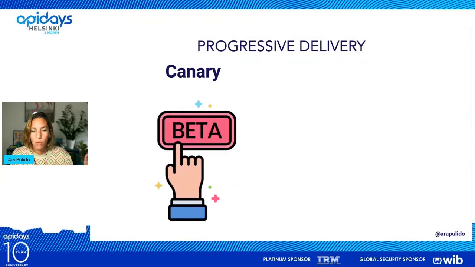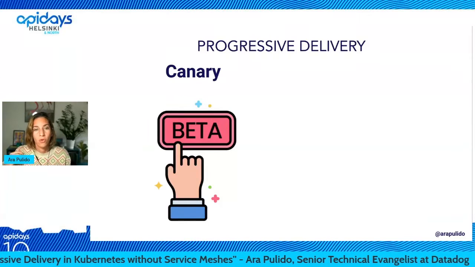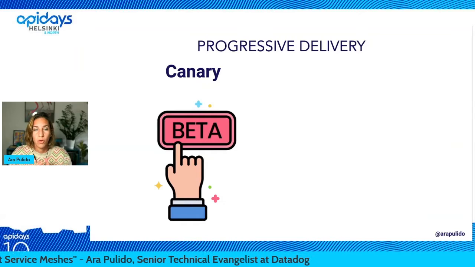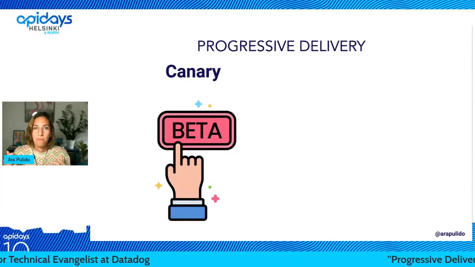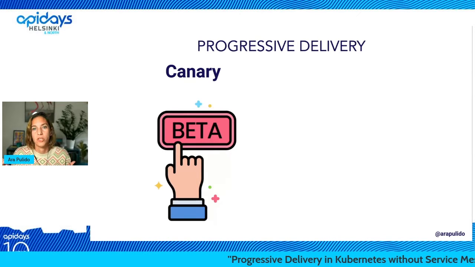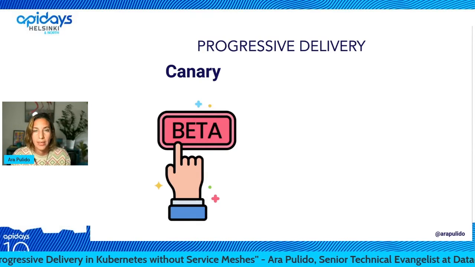There are many ways, but there are things like canary deployments, in which you have a new version of your service or your API, and you want to deploy to production, but you don't want to deploy to all your users. You want to deploy only to some of them, gather telemetry data back, and make some decisions. Should I continue moving forward to more and more users, or should I roll back?